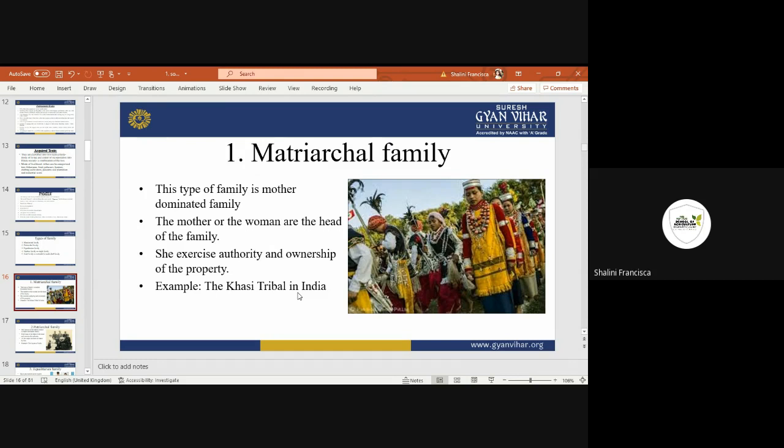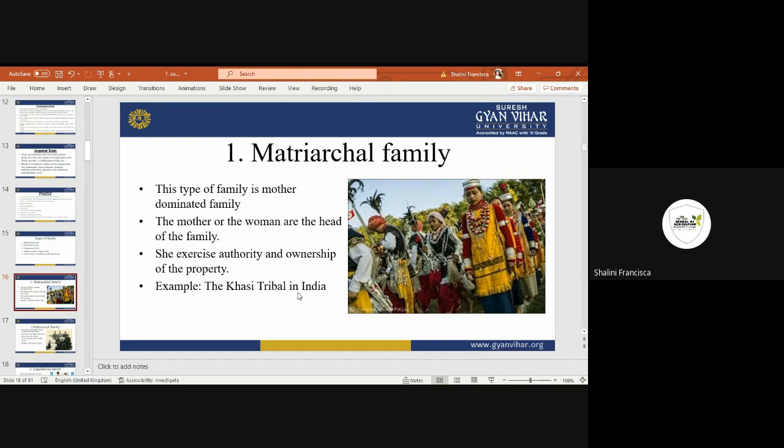So this type of family, as the first point gives you an idea, is a mother dominated family. The mother or the woman is the head of the family, and they take all the authority or ownership of the properties in her name.